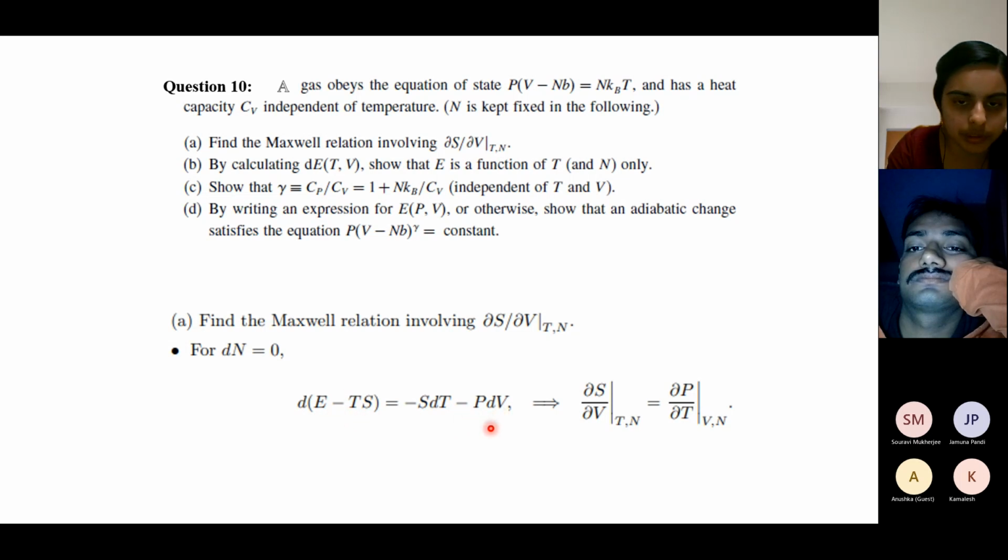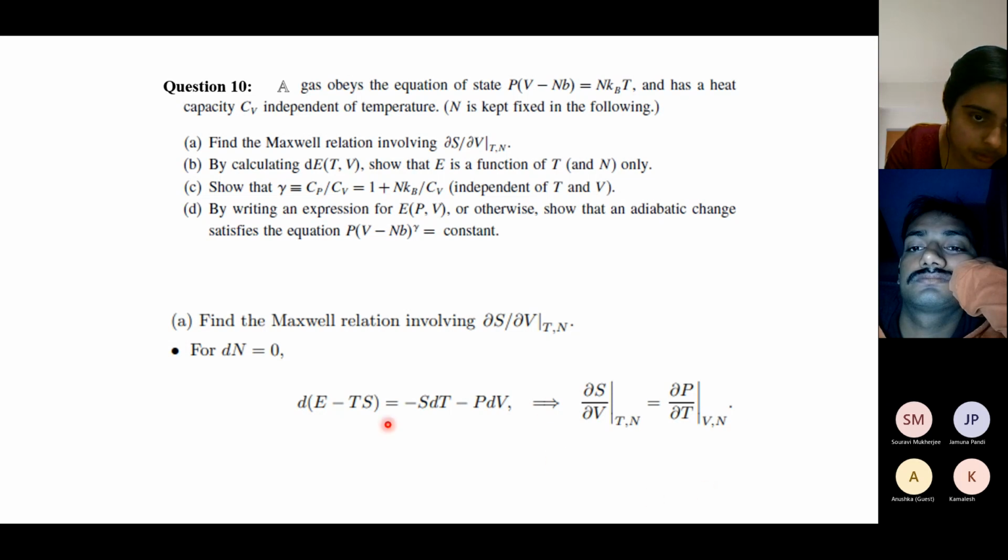Now if you start from here, this is your expression. You can first find the expression like del F del T at constant volume, and then del F del V at constant temperature. Use the concept that it's a state function, and then you'll get to this expression.